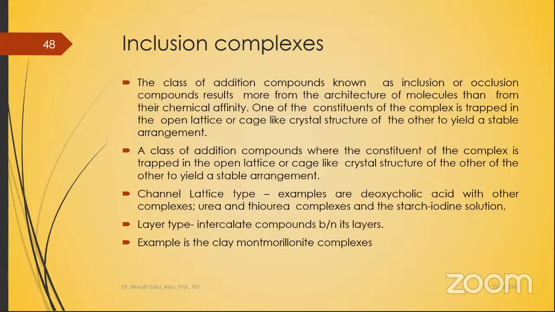The class of addition compound known as inclusion or occlusion compound results more from the architecture of molecules than from their chemical affinity. One of the constituents of the complex is trapped in the open lattice or cage-like crystal structure of the other to yield a stable arrangement or complex.